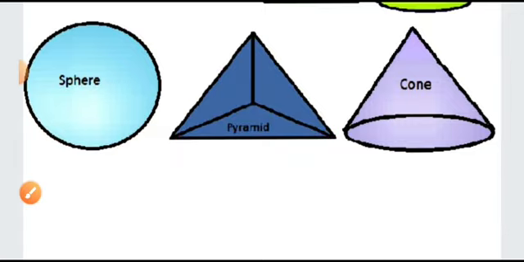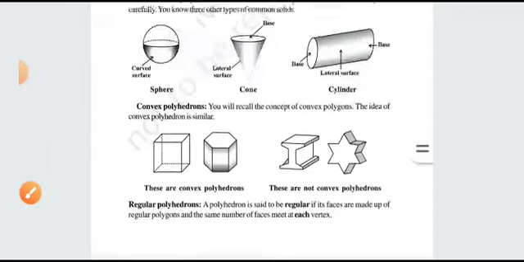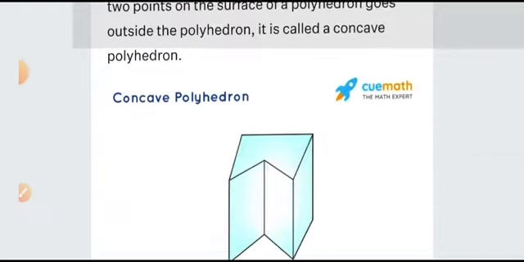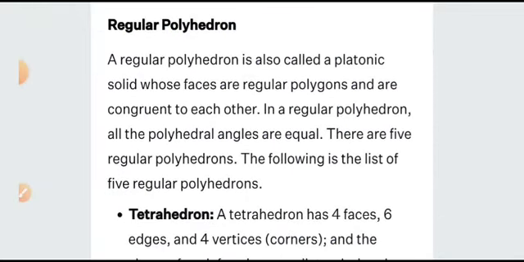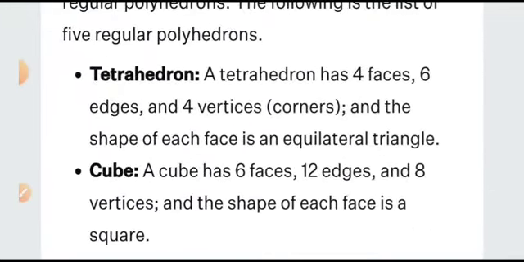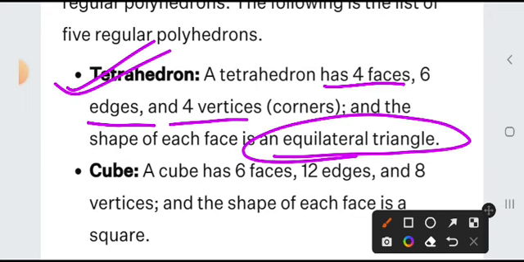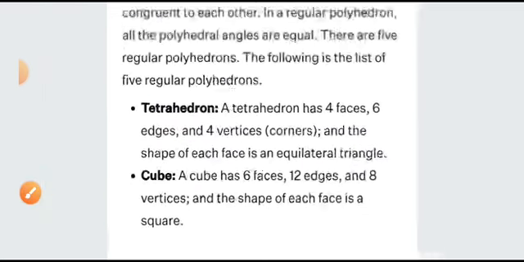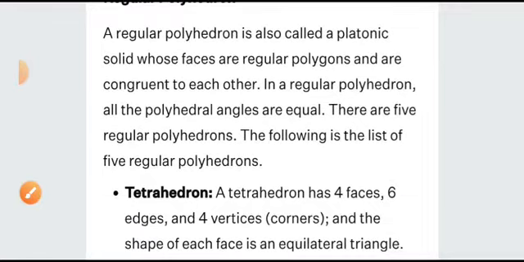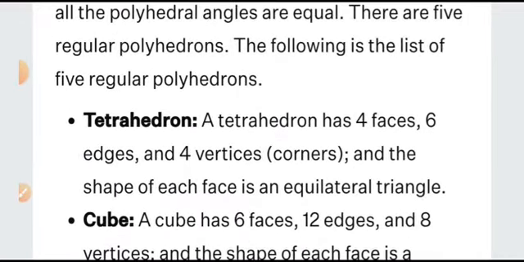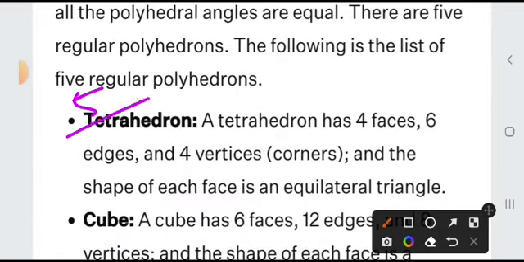So there are four faces in total, and all the faces are equilateral triangles. The tetrahedron has four faces, six edges, and four vertices, and the shape of each face is an equilateral triangle. So this is one example of a regular polyhedron. And mind it, there are five regular polyhedrons.